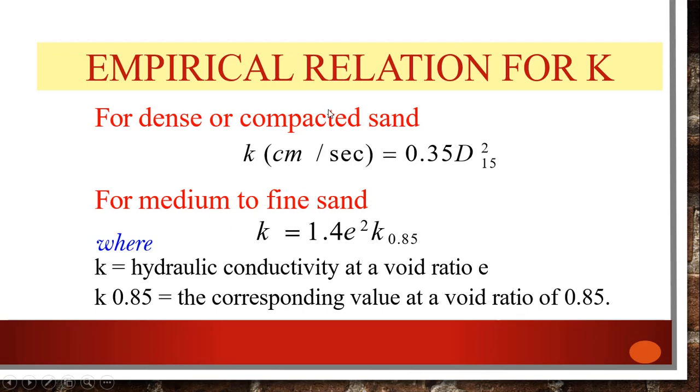For dense or compacted soil, the permeability will be calculated as 0.35 into D15 square. For medium to fine sand, the permeability will be calculated as K = 1.4 e² K0.85, where K is the hydraulic conductivity at a void ratio e, and K0.85 is the corresponding value at a void ratio of 0.85.